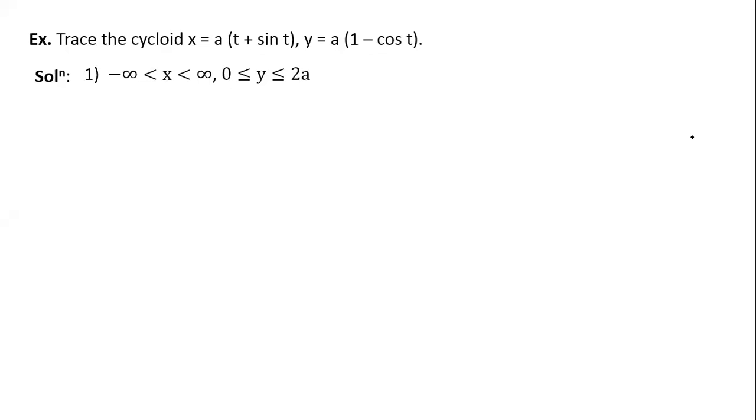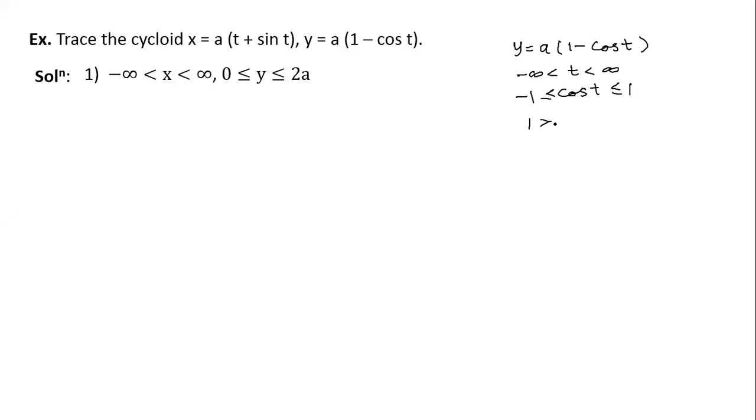But what is the case here? y is equal to a times (1 minus cos t). Now see, t is any finite real number, so cos t will be from -1 to +1. Let us multiply throughout by -1.